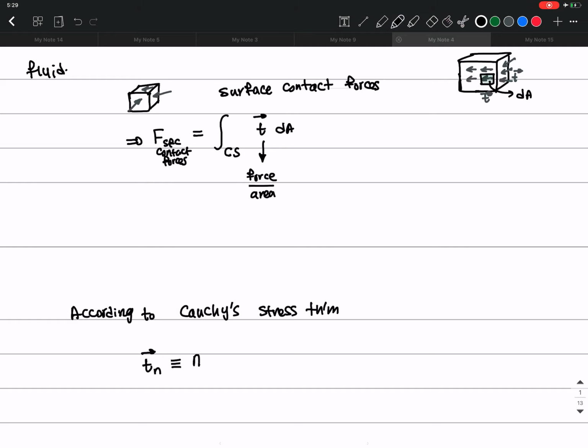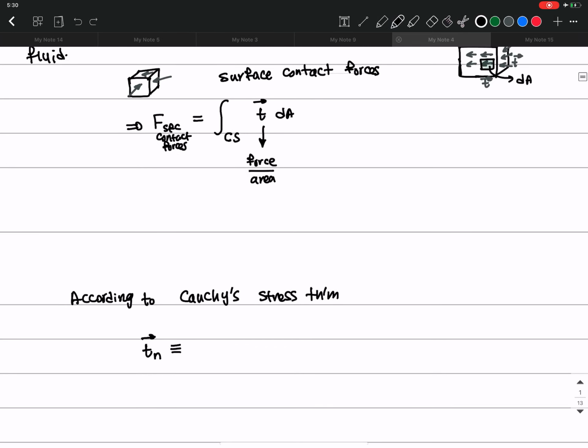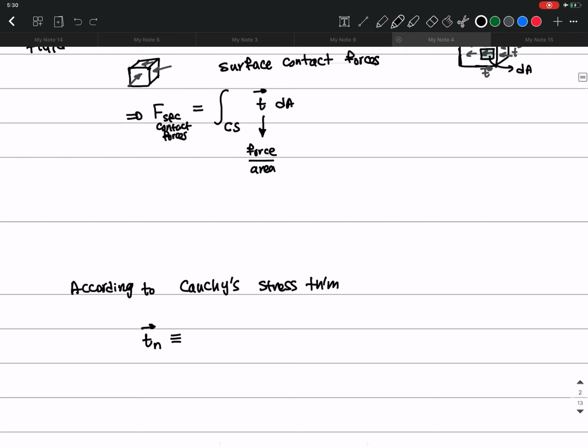So you may define a stress tensor sigma, and then you can represent this Tn stress on the surface of any object with the normal vector dot the stress tensor. And I'm going to go through what a stress tensor is here, okay? You can bring all the stresses into the principal axes, three principal axes.